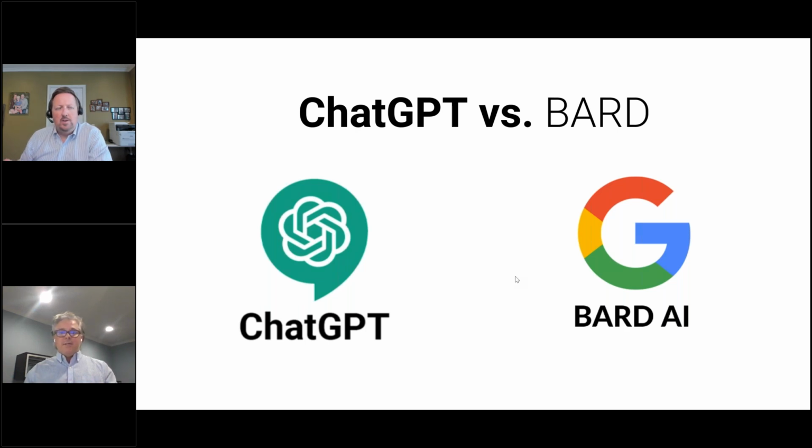Now, one of the cool things, and Ted and I were talking about this earlier, is that Bard and Google have already started introducing this concept of plugins. I think this is the next evolution of where this technology is headed. They already have plugins with things like OpenTable and Kayak and Instacart.